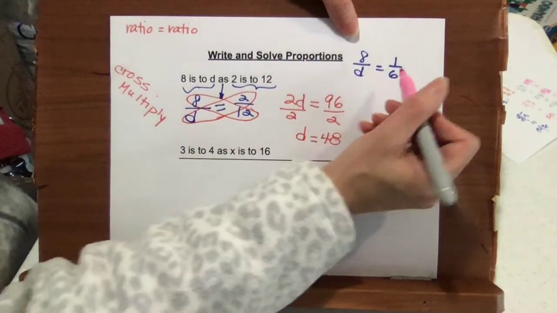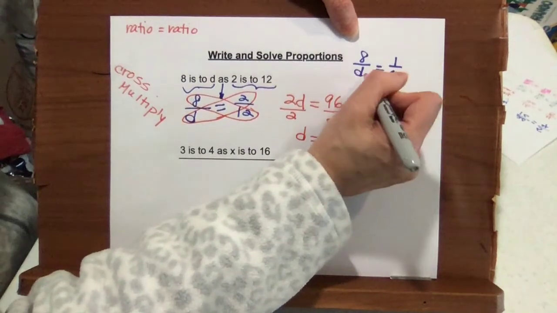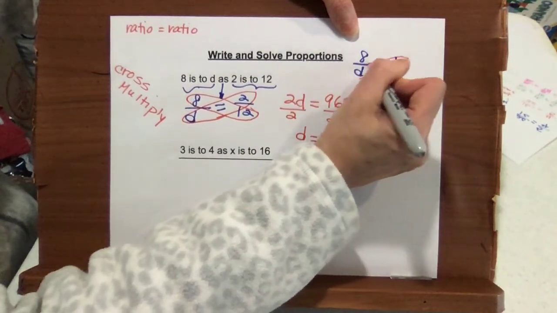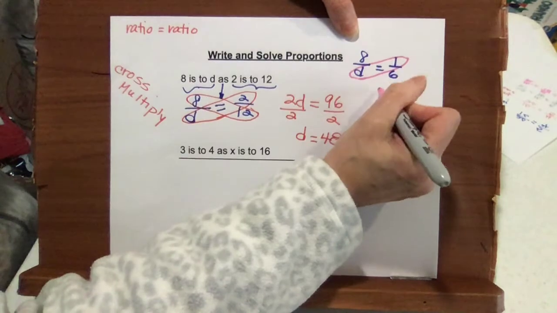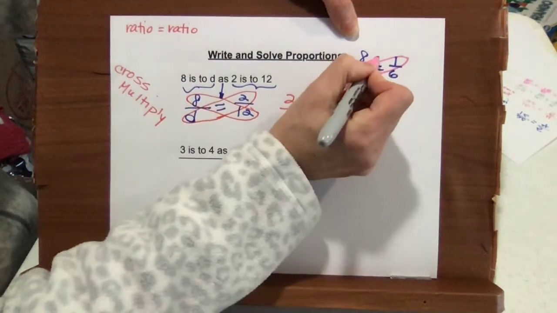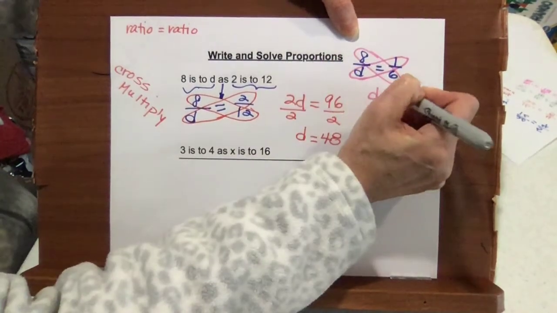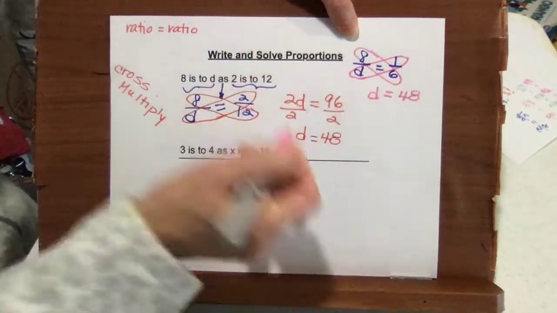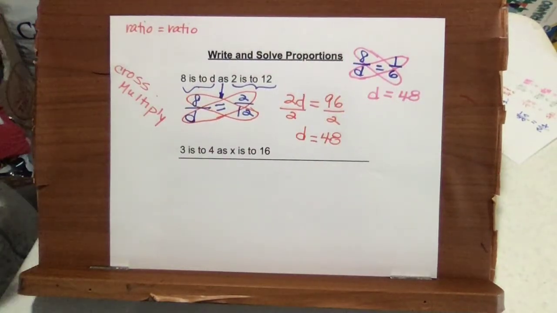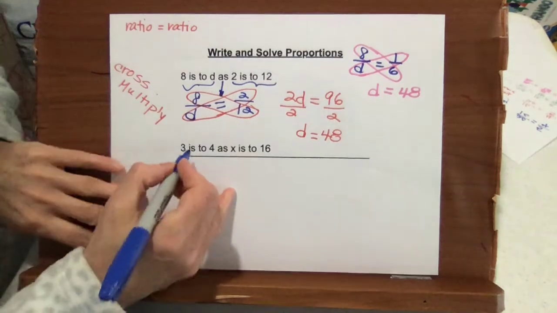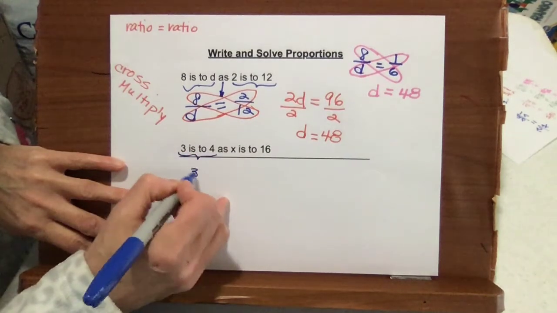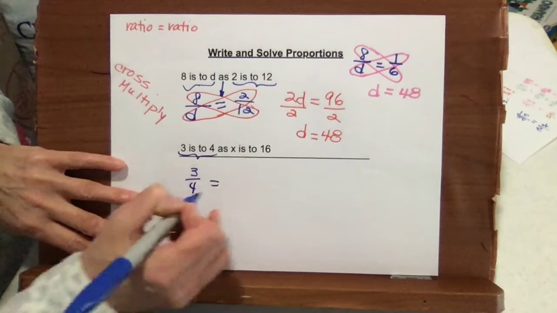If you had reduced the 2/12, you can do the same thing here. It's still cross multiplying. D times 1, so 1D. And 8 times 6, 48. So either way, you can get the same answer. All right, let's set up the next one. 3 is to 4, so 3/4. As is equals.